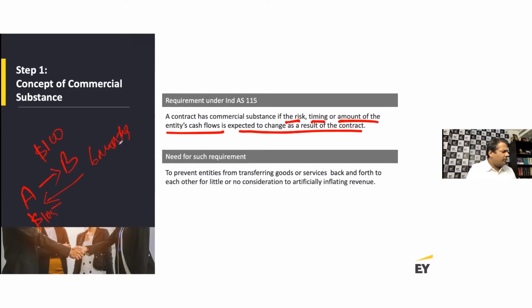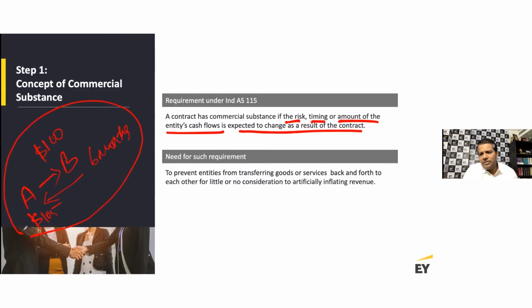Essentially, A transferred goods to B and received $100, and then B transferred those goods back to A and in consideration received $105 for the same goods. So what's the commercial substance of this transaction? The commercial substance is mere financing: A got access to cash of $100, and in return B earned $5 as interest income over a 6-month period.